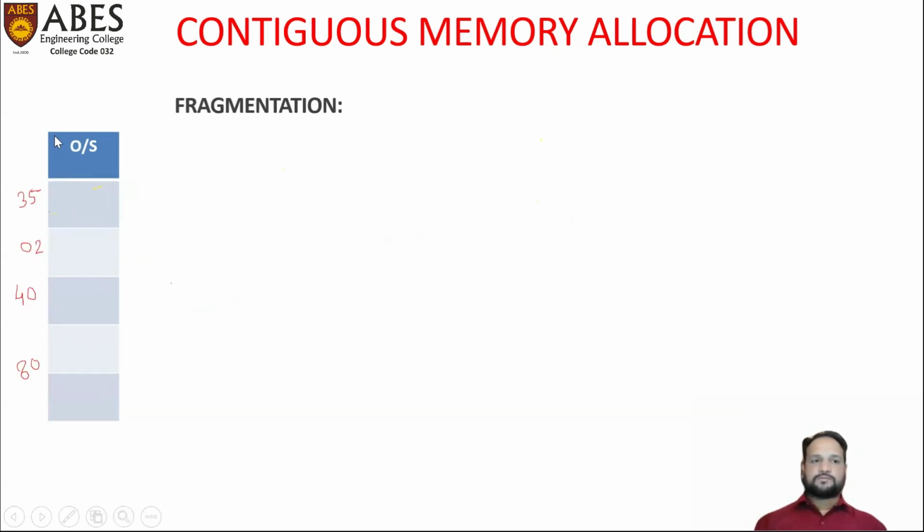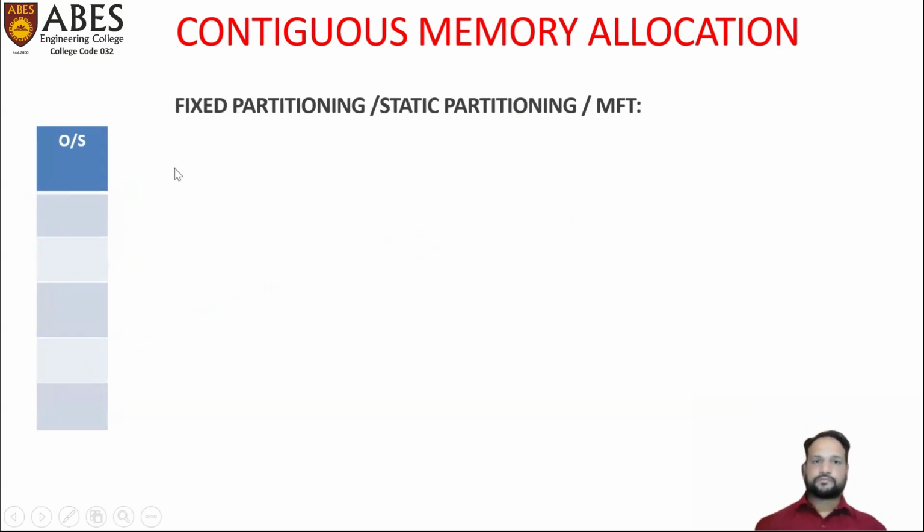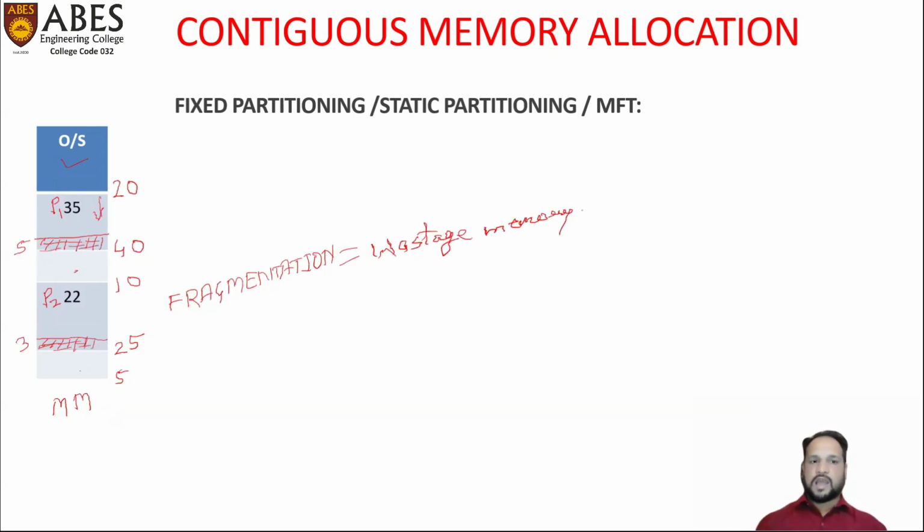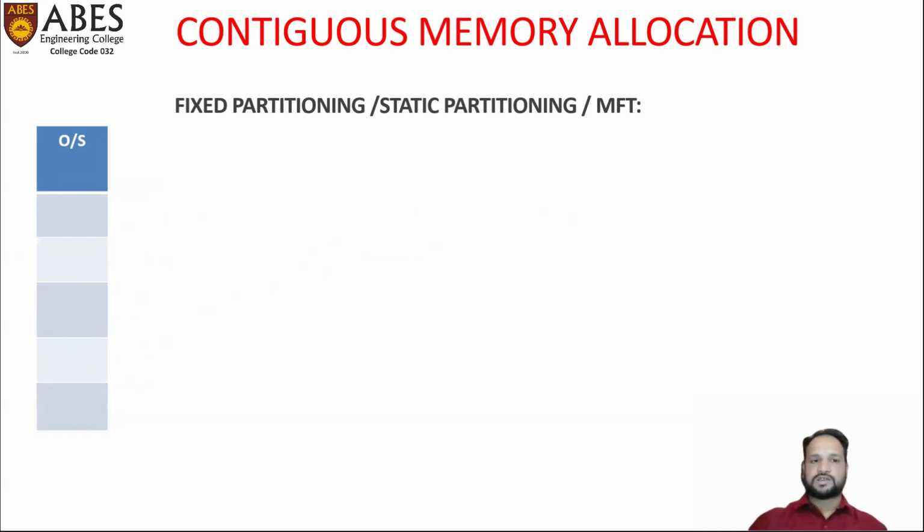Now consider that this was the partitions of unequal size, since there are partitions of 5 MB, 25 MB, 10 MB, 40 MB, and 20 MB. All those partitions are not equal in size, hence it is considered an unequal size partition. And consider that this is an equal size partition, where each partition is of 20 MB.